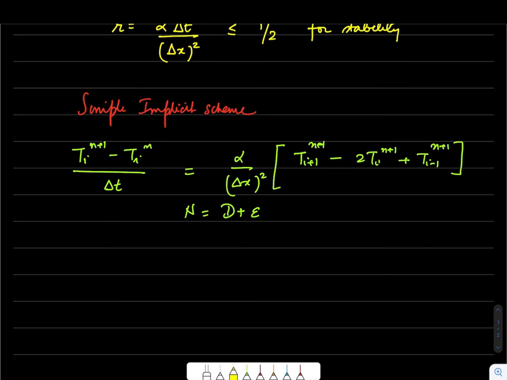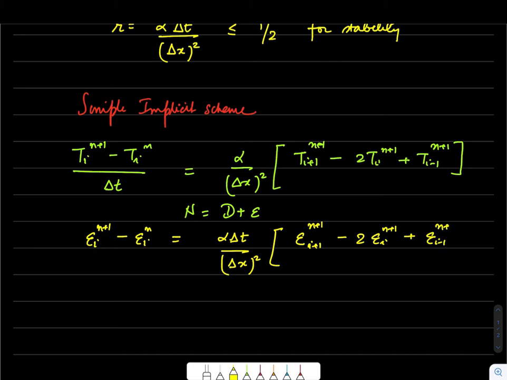So we have epsilon i n plus 1 minus epsilon i n equal to alpha delta t by delta x square into (epsilon i plus 1 n plus 1 minus 2 epsilon i n plus 1 plus epsilon i minus 1 n plus 1).